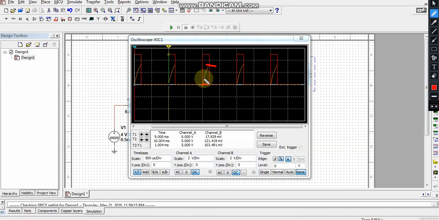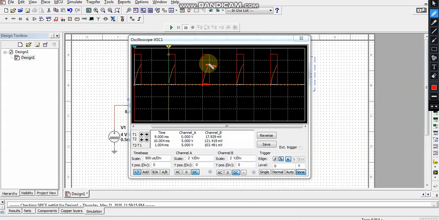The height of this capacitor charging is approximately 2 by 3 VCC. I have taken the scale as 2 volts per division, so this is 2 volts and this is half of that. So 2 by 3 into the voltage given, which was 5 volts, so 10 by 3, 3.33 volts.